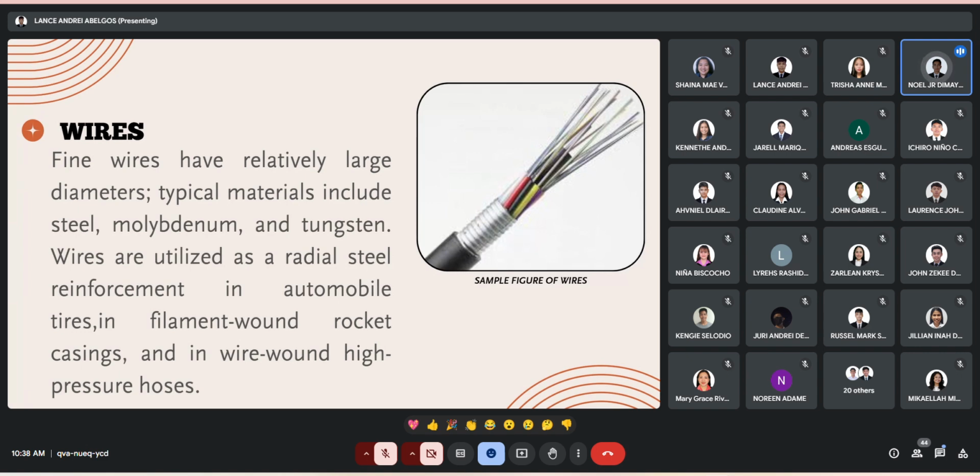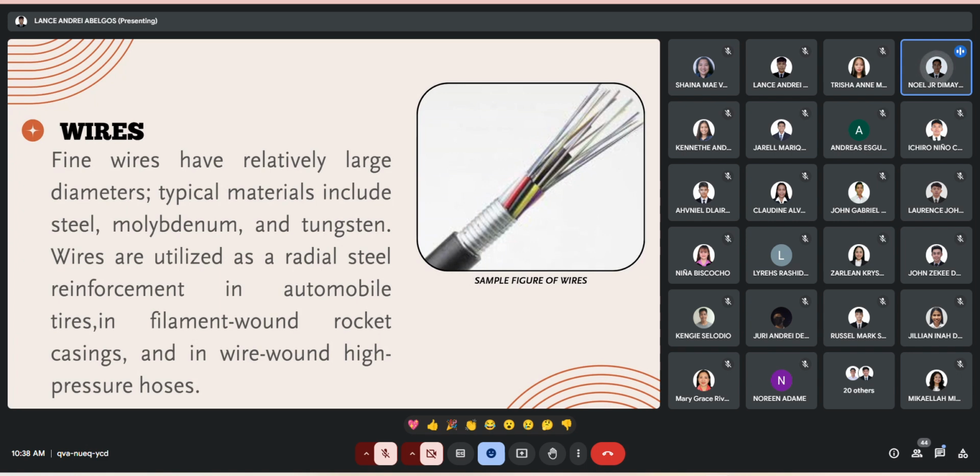Example ito ay yung sa gulong. Kung sino man po nakakita sa inyo, pag biniyak po natin yung gulong, may makikita po tayong mga hibla-hibla dyan na parang bakal na wire. Yan po yung example ng wires. And also yung wires po ay example din sa wire ng mga Meralco, parang naka-fiber reinforced po siya.